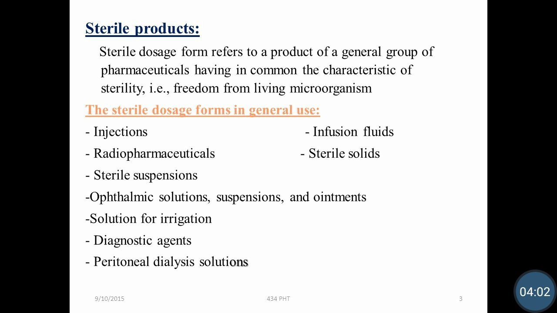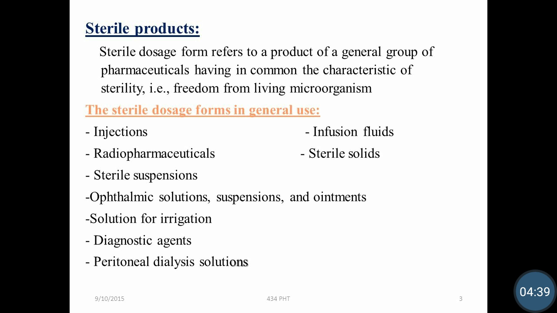There are a lot of radiopharmaceuticals used to diagnose dysfunctioning of body tissues, and they are parenteral formulations, injected in the body. Products which come in direct contact with the blood, or which are administered in the blood circulation directly, should be sterile. Radiopharmaceuticals are generally injected in the body, so they should be sterile.